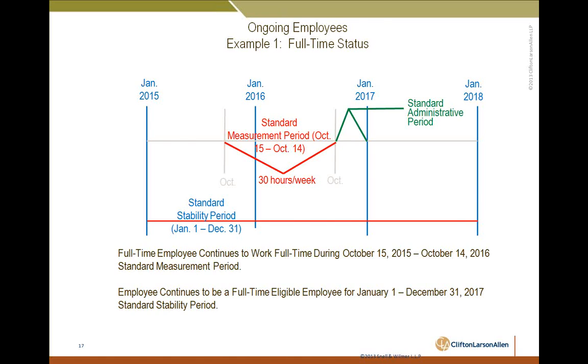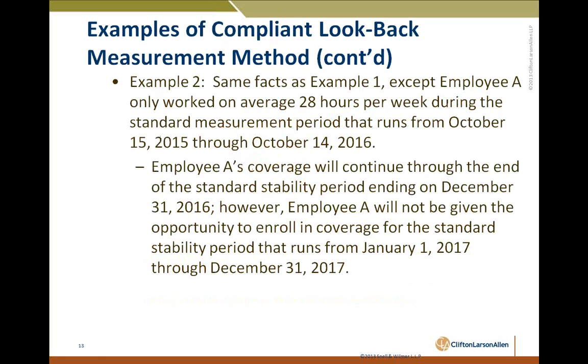So another example would be if an employee worked an average of 28 hours during the measurement period that ran from October 15 to '16, and he was already covered, so his coverage would continue.